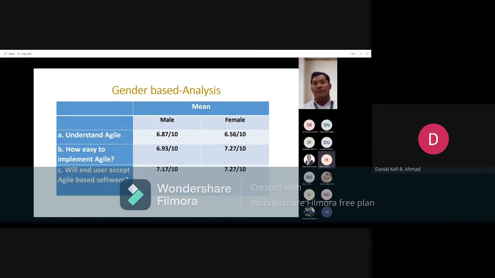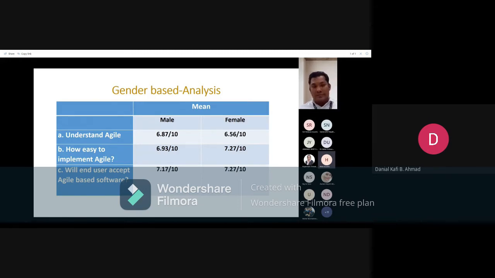There are three dependent parameters. The first one is understand agile, that means, do you understand agile? That is the point of the question. Then, how easy is it to implement agile?